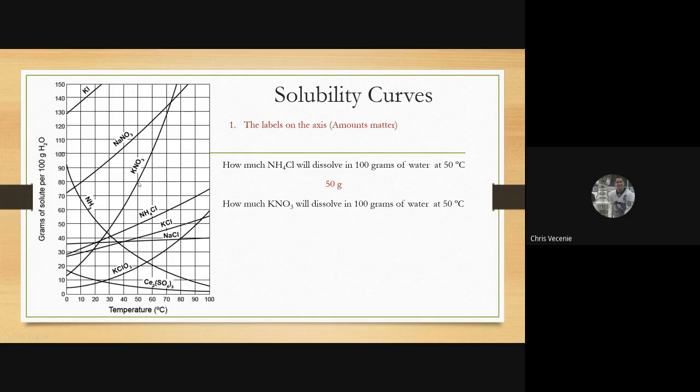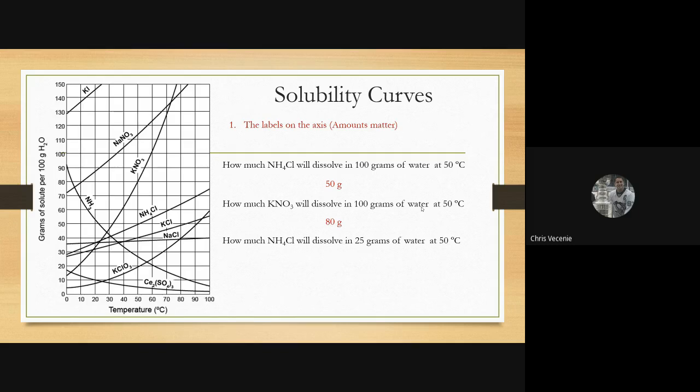Here's where I hit the KNO3, and if I look over, it tells me I can dissolve 80 grams of KNO3 at 50 degrees. If I put less in, I'd be able to dissolve more of the solid. If I put more than 80 grams in, only 80 would dissolve, and the rest would be sitting as a solid at the bottom of the beaker.